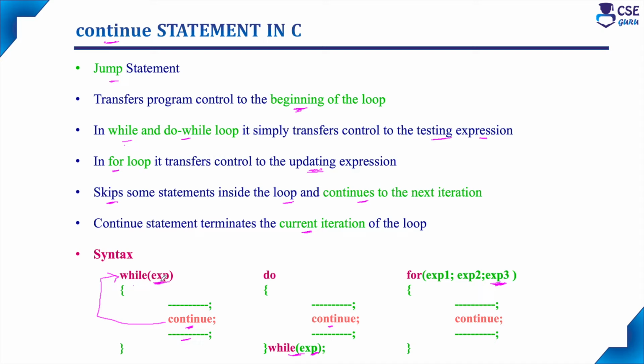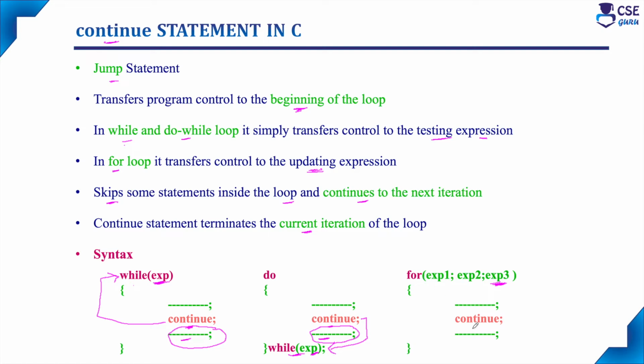That is, the while loop will check the expression. In a do while loop also, the same purpose: control will be transferred to the test expression, that is, to the next iteration of the loop. In the current iteration, it will skip some of these statements. These statements won't execute if it encounters continue. Control will be transferred to the next iteration of the loop.